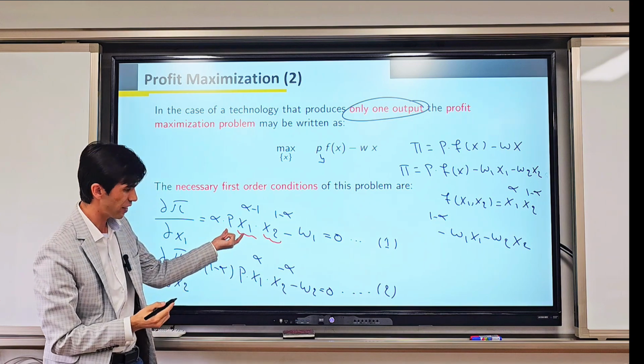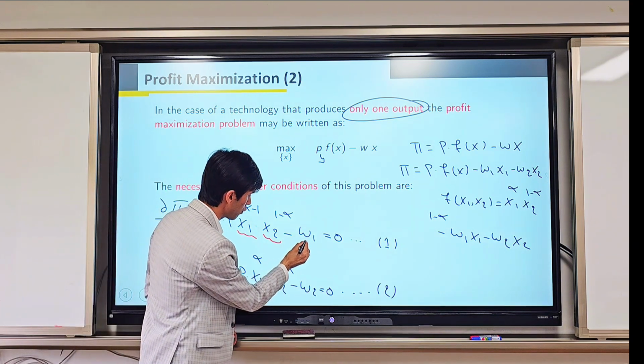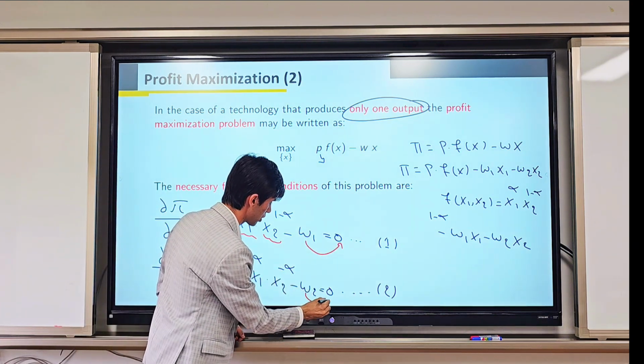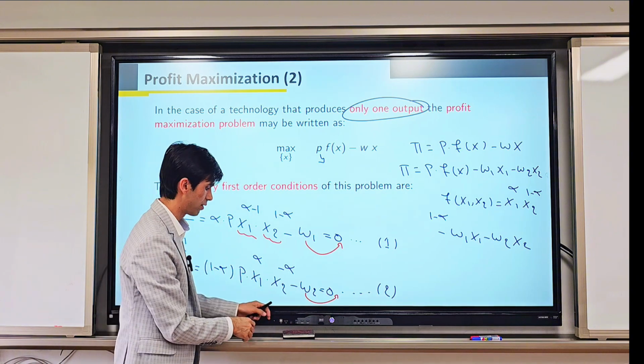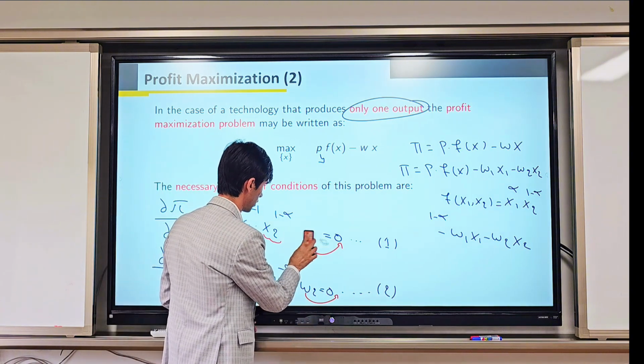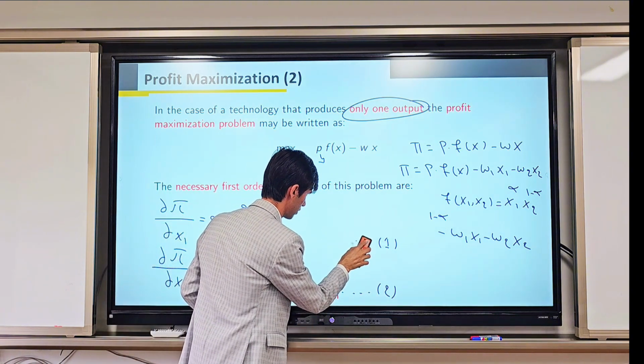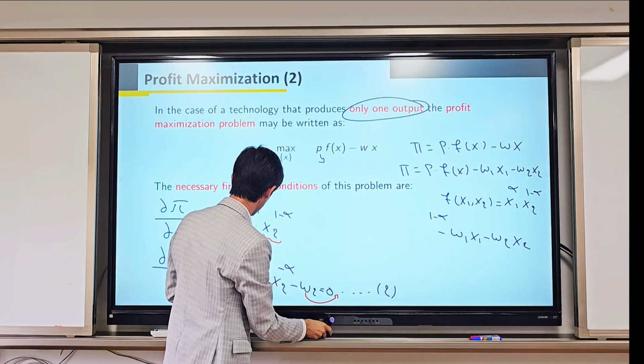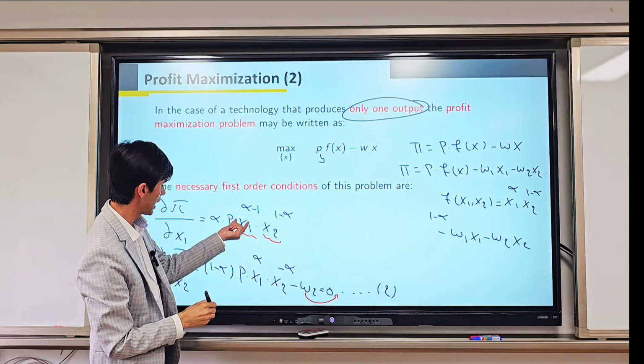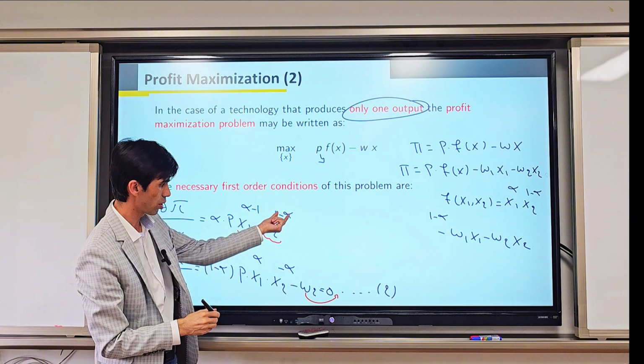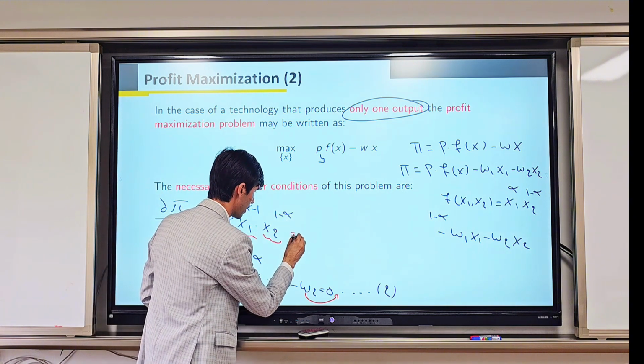Also, in the first equation, if we move w1 to this side and also w2 to this side, it will change to this equation, which is alpha p x1 to the power of alpha minus 1 x2 to the power of 1 minus alpha equal to w1.